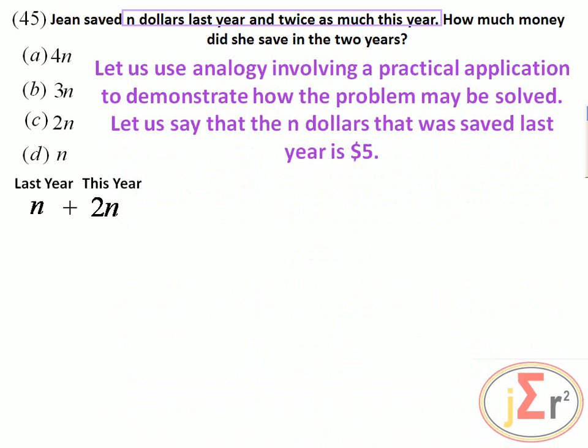Let us use an analogy involving a practical application to demonstrate how the problem may be solved. Let us say that the n dollars that was saved last year is $5. The amount saved last year, $5. Twice as much as $5 is 2 times 5, which is equal to 10.